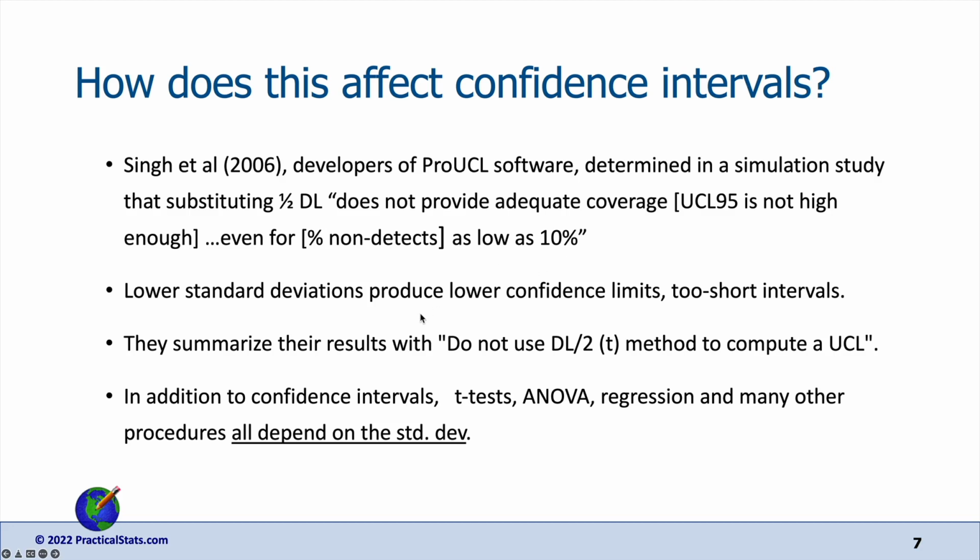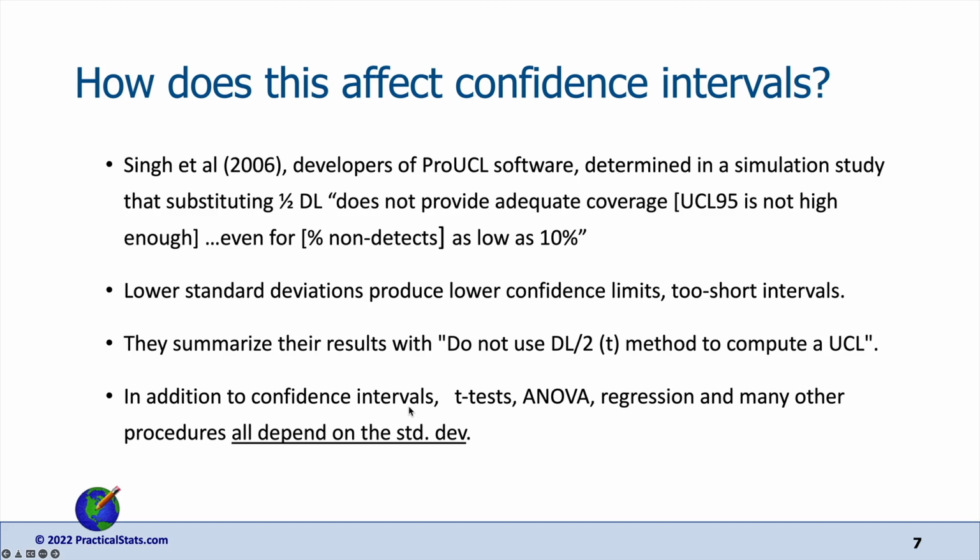So those lower standard deviations produce lower confidence limits and intervals that are too short. They summarize their results with: do not substitute 1/2 the detection limit to compute an upper confidence limit on the mean. This is true for confidence limits, that substitution affects it because of the effect on the standard deviation.